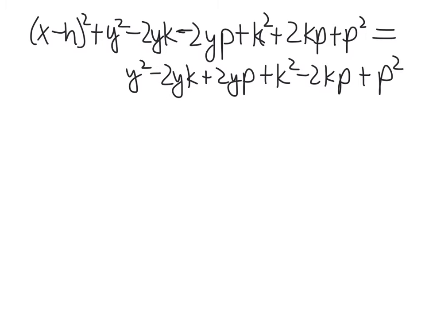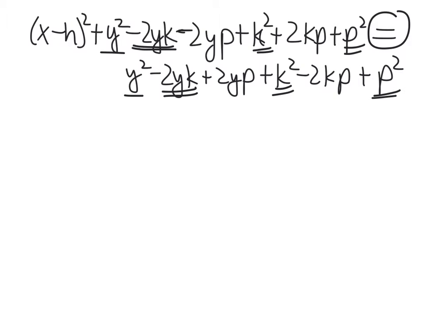Okay, we are ready to start combining like terms. We have the equal sign here, so some things to notice. We've got a y squared. We can subtract y squared from both sides, and those y squareds will cancel out. We can add 2yk to both sides, and those terms will cancel out. K squared, subtract that from both sides.